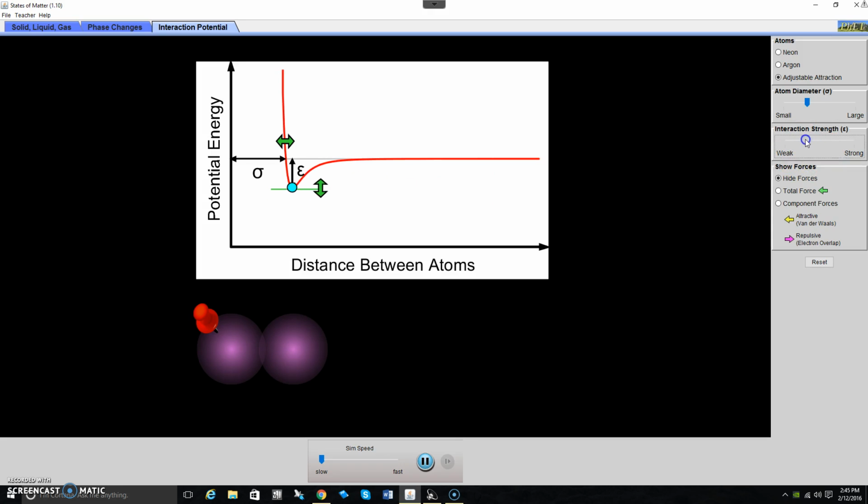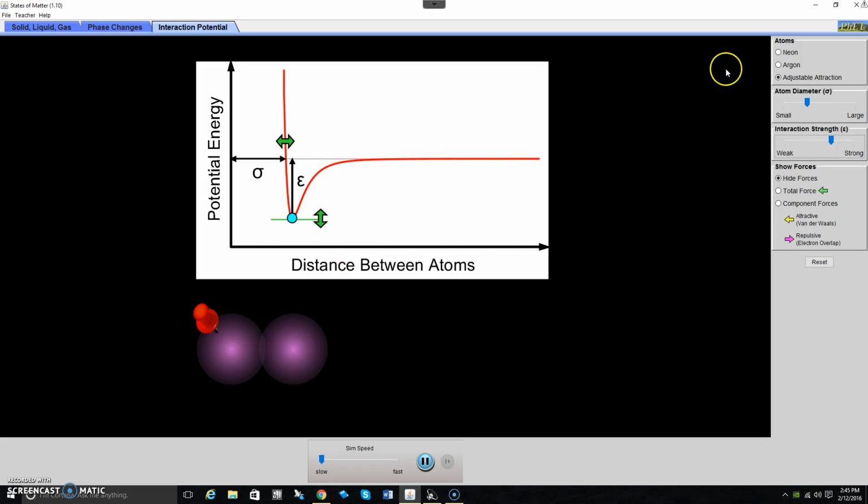But if we adjust the interaction strength, we see that this changes the depth, or attractive forces, between two atoms or molecules. So the stronger the interaction, the deeper the well, which means the more energy it takes to pull two atoms apart.